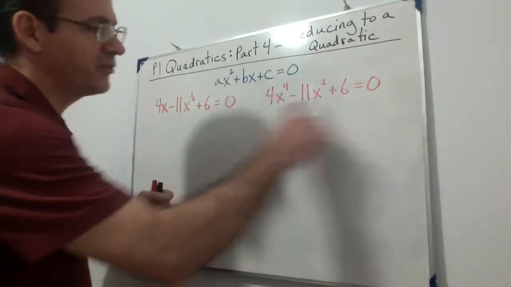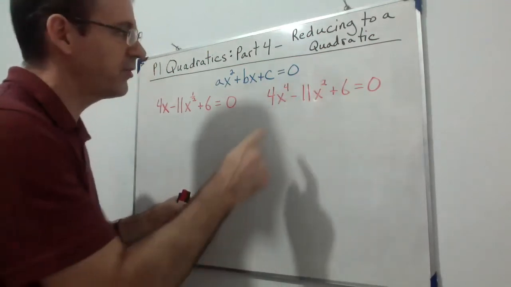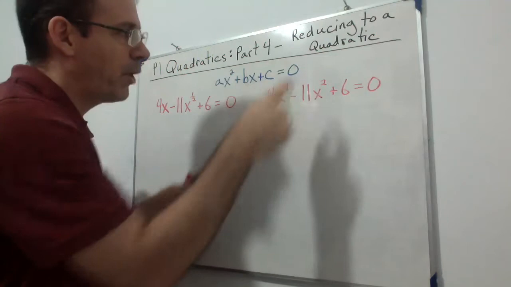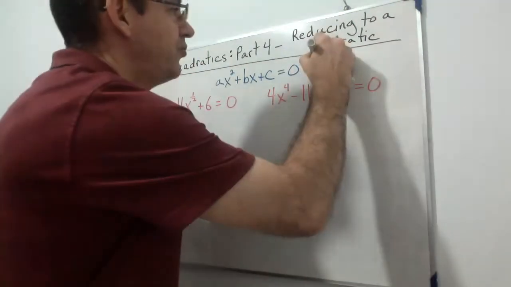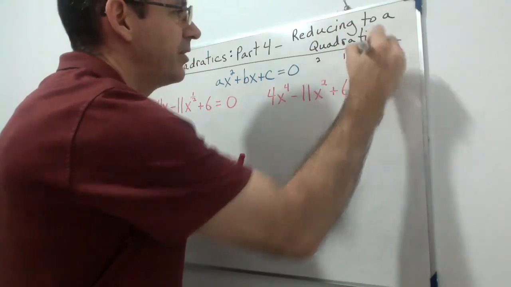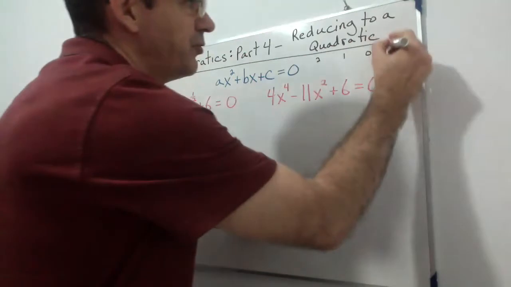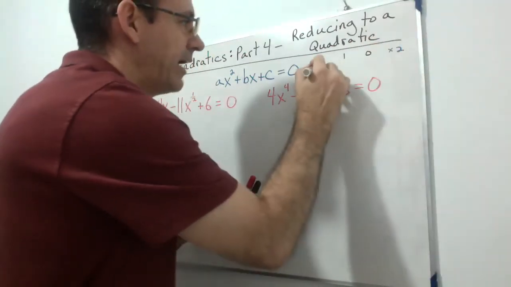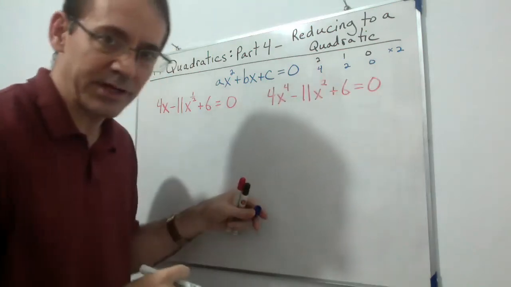When we look at this one here, it's 4, 2, 0. So in other words, it's a multiple of 2. So if we were to look at it, our 2, 1, 0 is now multiplied by 2, and we have a 4, 2, 0 exponent pattern.